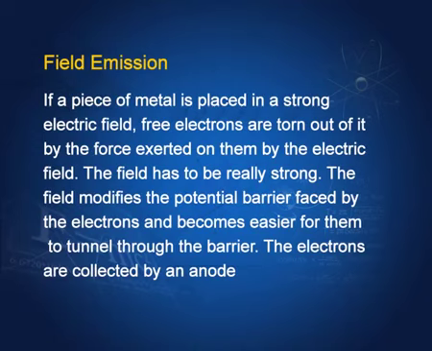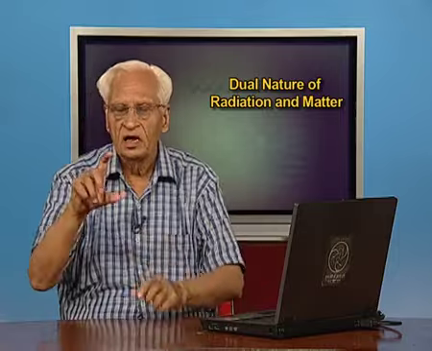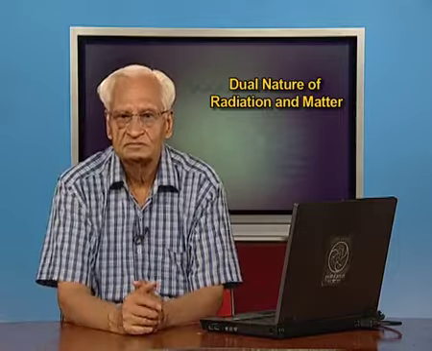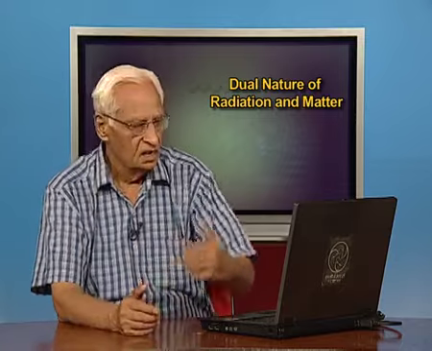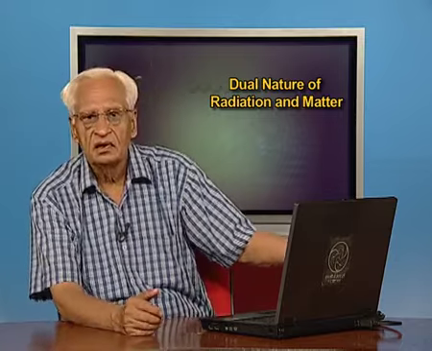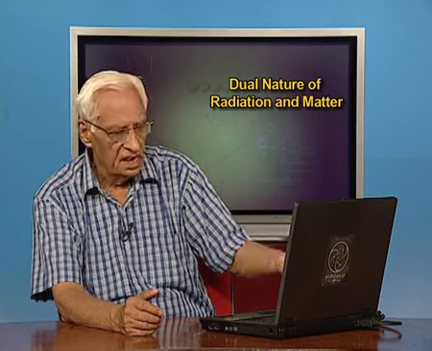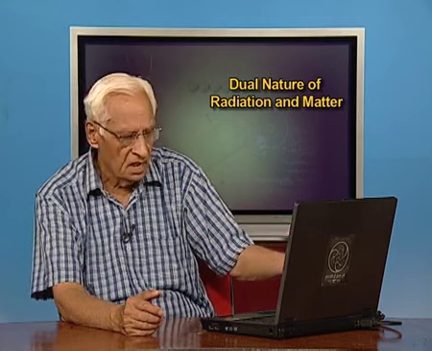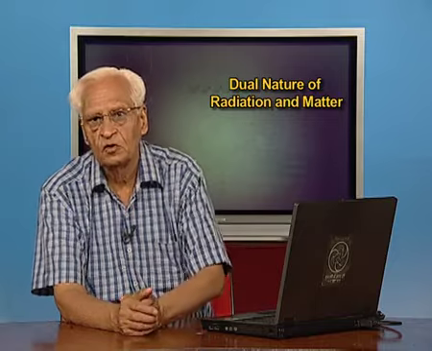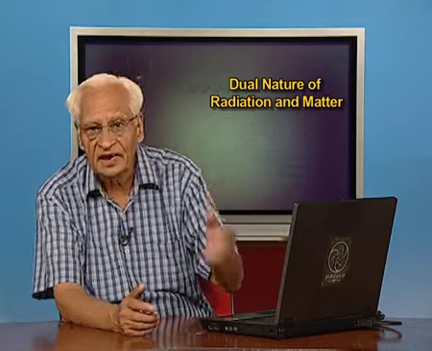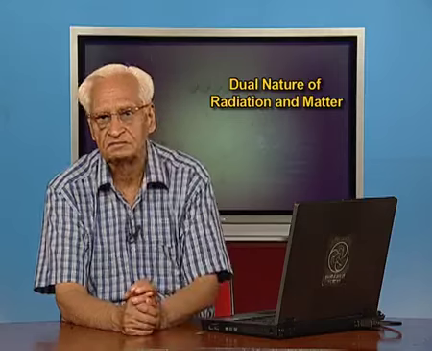This is known as field emission. Normally we need very strong fields, but these days special materials have been developed, so that even a field applied by a 12-volt battery can extract electrons.